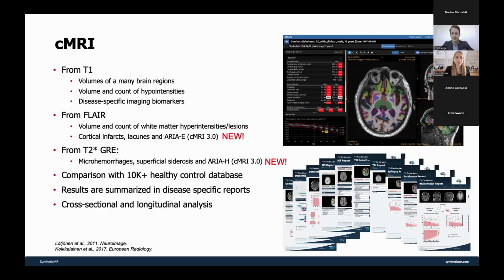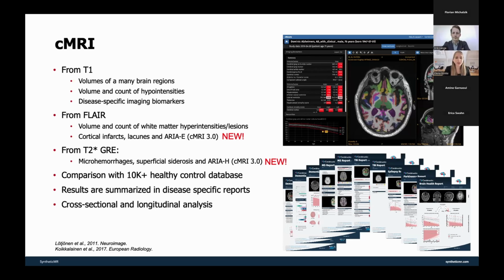From the FLAIR series, we can quantify the volume and count of hyperintensities, so lesions in the brain, mostly relevant for multiple sclerosis. And now with the most recent addition of SyMRI 3.0, we can also quantify cortical infarcts, lacunes, and for the longitudinal monitoring, also ARIA-E.